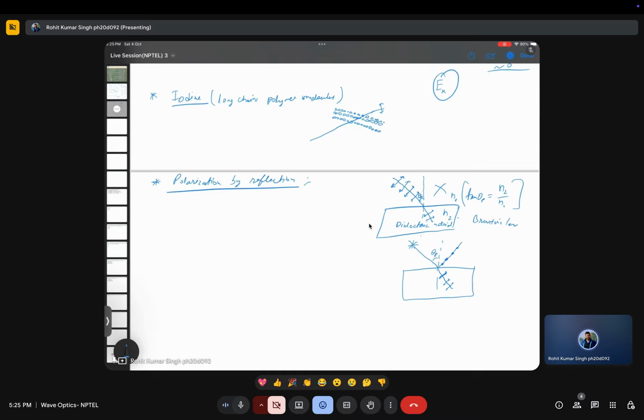So the dot means it is coming out of the screen, okay. So this is polarization by reflection.